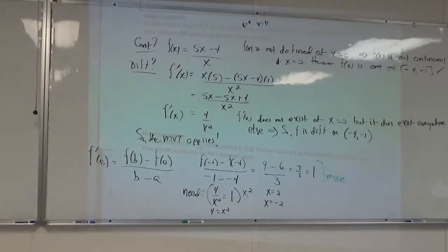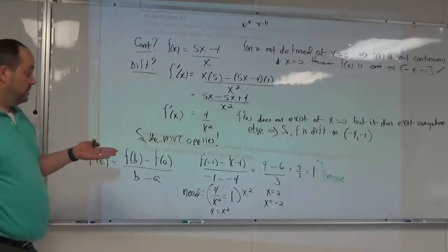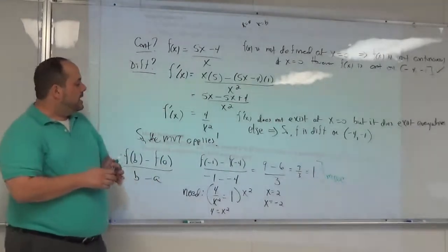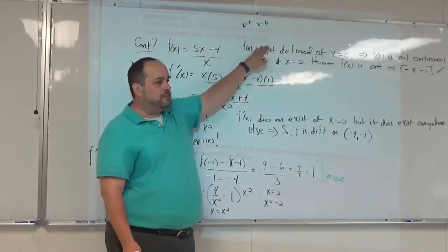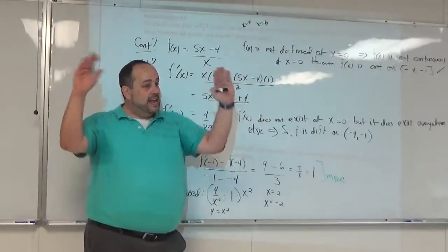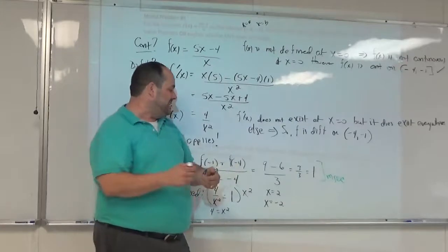Now, before we move on, how many solutions do we have that are inside the interval that I care about? Which one? Negative 2, right? You have to pay attention. The mean value theorem says there's a place inside that interval, not outside, inside the interval.